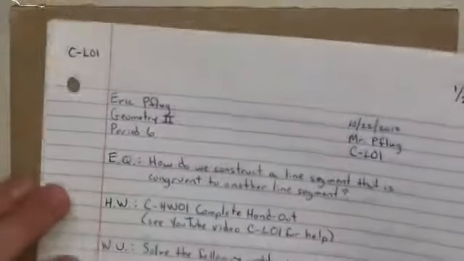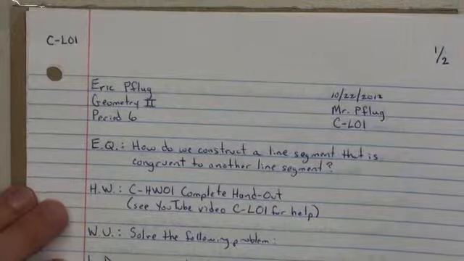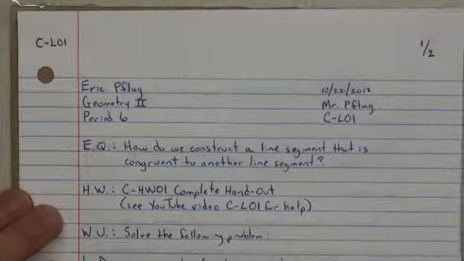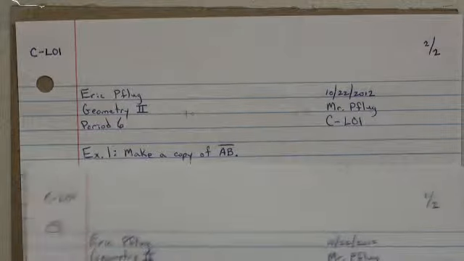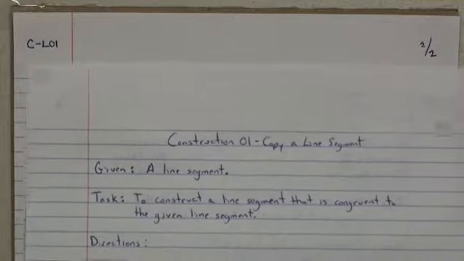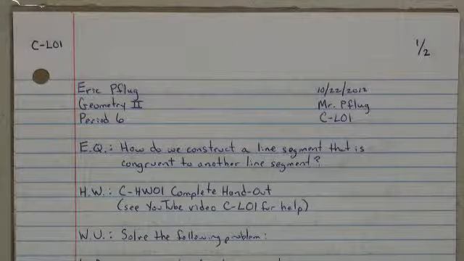And that is the end of the first lesson of the construction unit. And the first construction that we learned in this unit was how to copy a line segment. Right? How to copy a line segment. That is the first, most basic construction that you can learn. Alright? So, good luck.